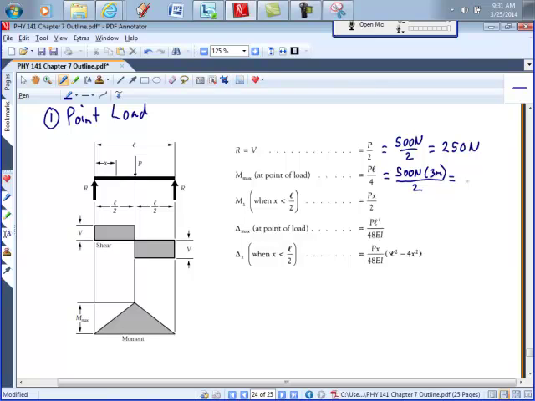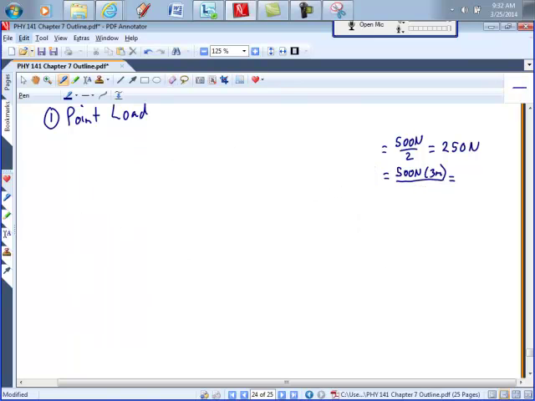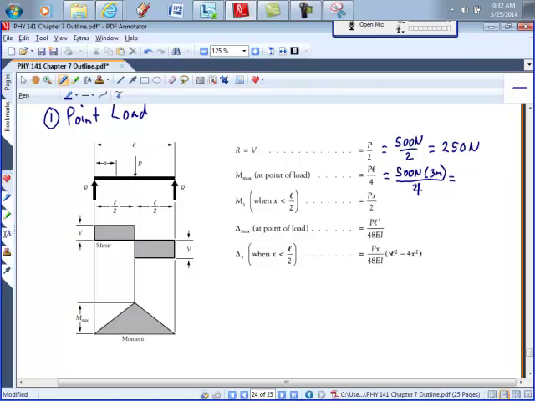So what's my maximum moment? 375 newton meters. Okay, and that's at the point of load, so at the center.